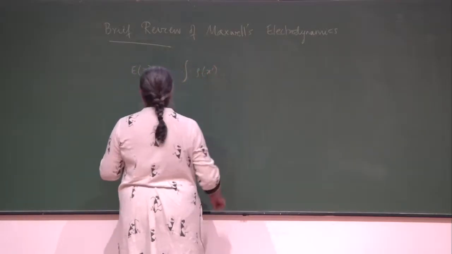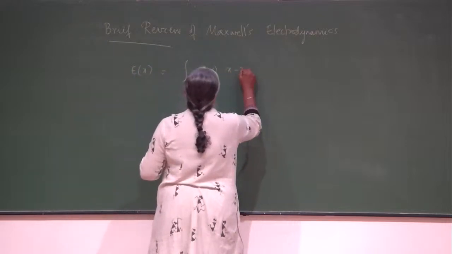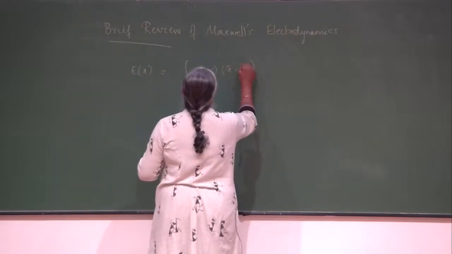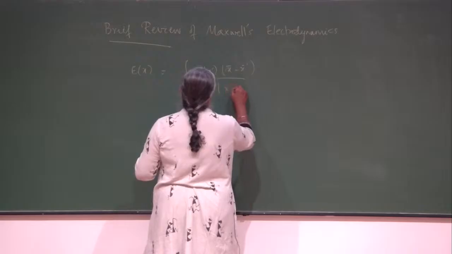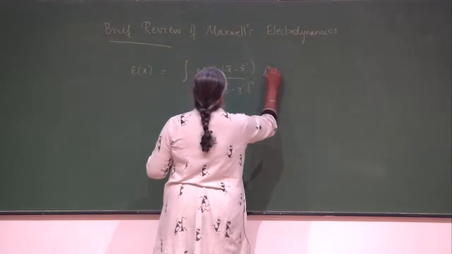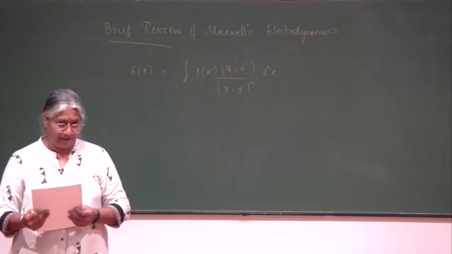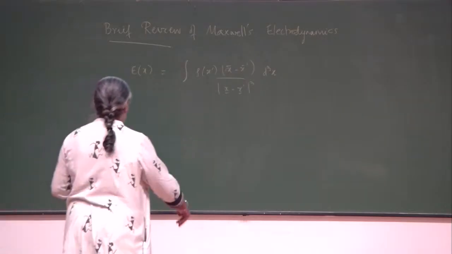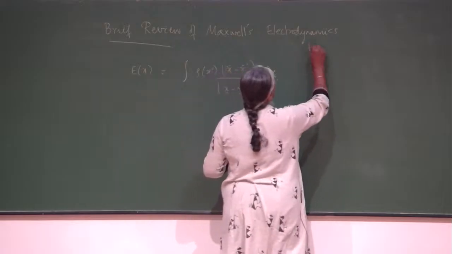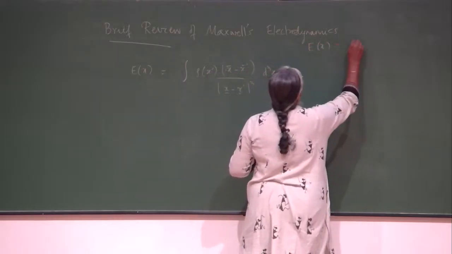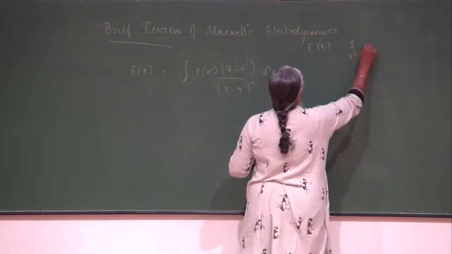I will come to your Q by epsilon naught, because my rho d cubed x is your Q. When I integrate over all space, I will get E is equal to, if you want I can write a simple equation, E is equal to Q by R squared into unit vector R.